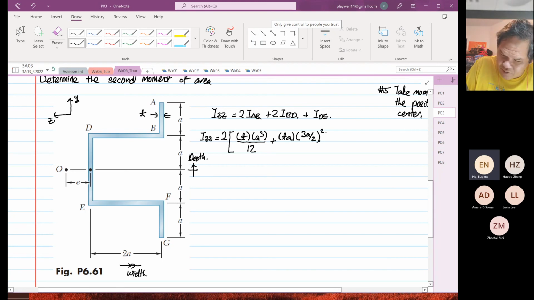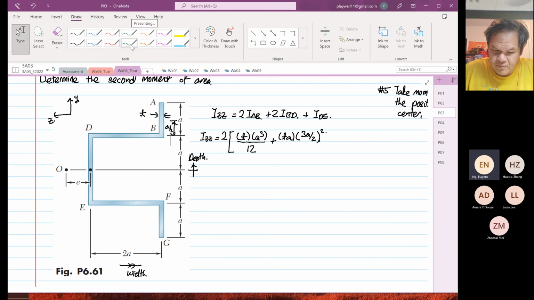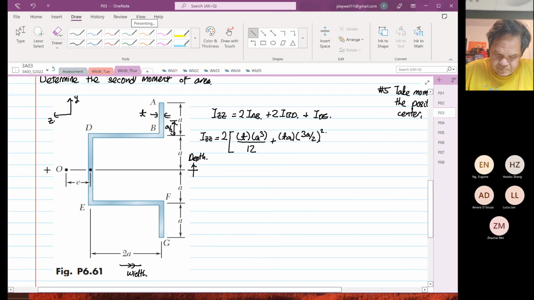Why 3A over 2? Because from here to here is A over 2. Okay, and then because this line over here is our centroid.